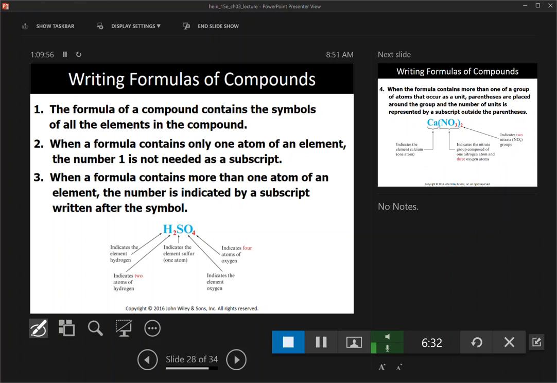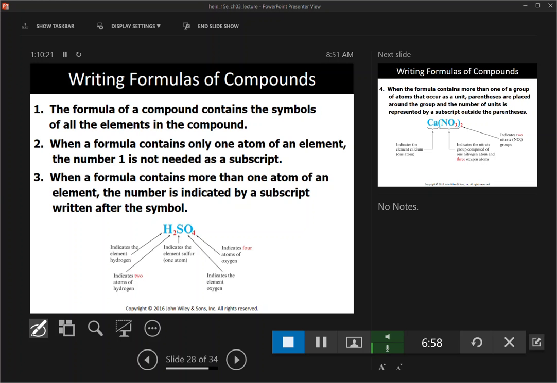What information can I get from this formula, H2SO4? Based on the formula, you can tell what your compound is composed of. Looking at this formula, I can tell that sulfuric acid is composed of hydrogen, sulfur, and oxygen. Does everybody see that?